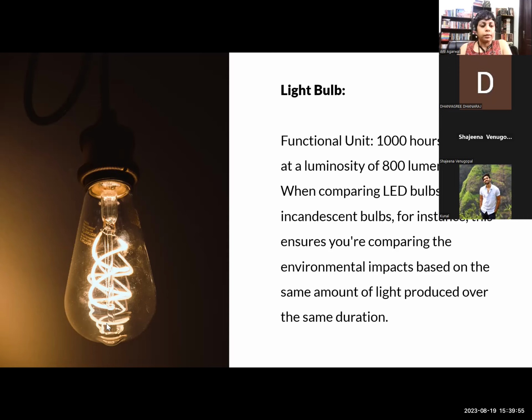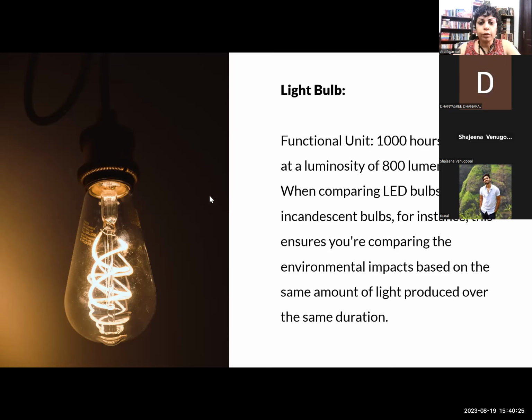So what do we do then? We need to standardize something. So when we're picking a functional unit, we are more or less standardizing the whole thing, that this is some factor which we can say is common between all of these bulbs or all of these products, if you want to take it in a more general way.